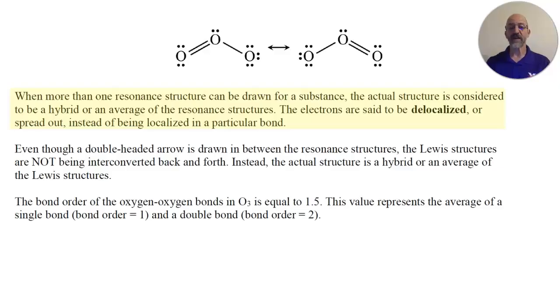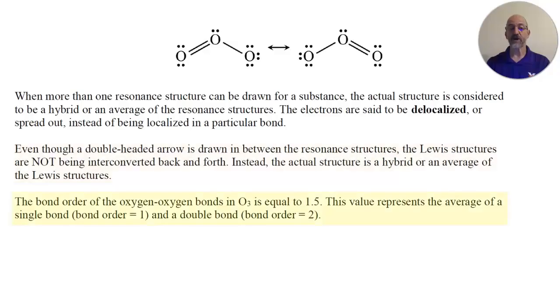So the electrons are said to be delocalized or spread out instead of being localized in a particular bond. Even though a double-headed arrow is drawn in between the resonance structures for ozone, or for resonance structures in general, the Lewis structures are not being interconverted back and forth. Instead, the actual structure of the molecule or the polyatomic ion is a hybrid or an average of the Lewis structures.